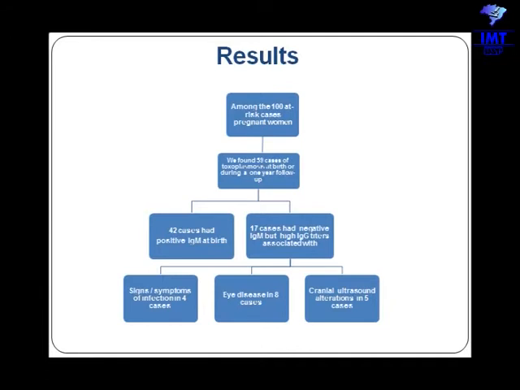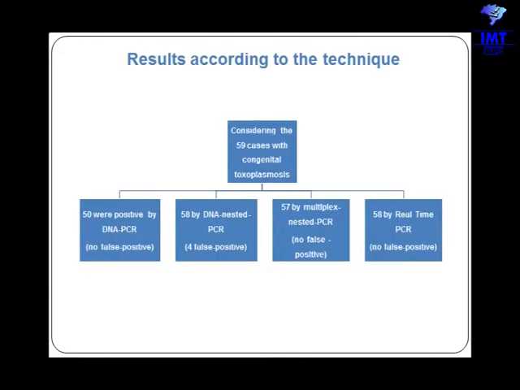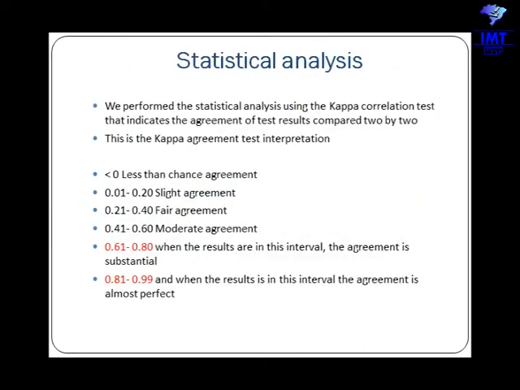Infection in 4 cases, eye disease in 8 cases, and cranial ultrasound alteration in 5 cases. Considering the 59 cases with congenital toxoplasmosis, 50 were positive by DNA PCR, 58 by DNA nested PCR but with 4 false positives, 57 by multiplex nested PCR and 58 by nested real-time PCR.